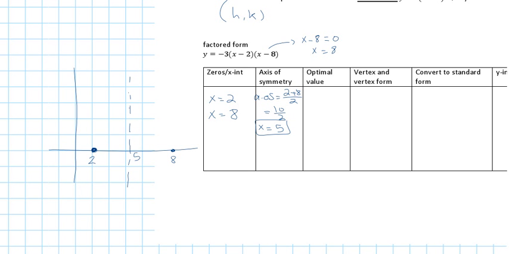So plug in 5 into the equation. y equals -3(5 minus 2)(5 minus 8). So that's -3 times 3 times -3, which is 27. Okay? So that tells me that my optimal value is 27, and this is where my graph is.